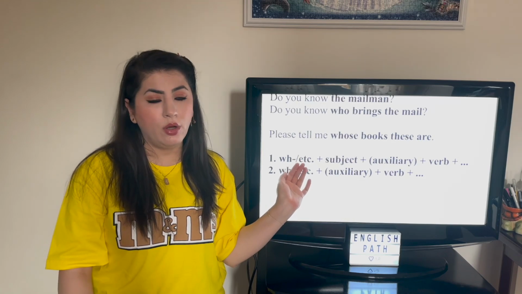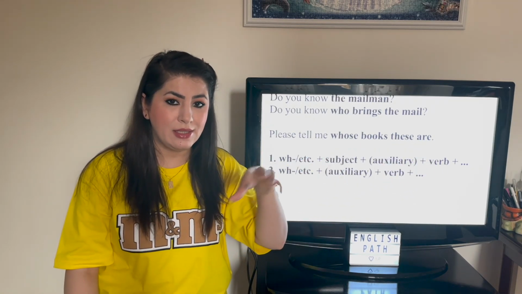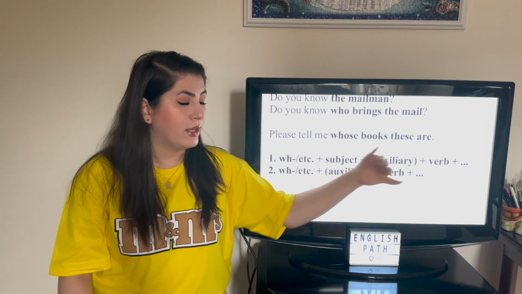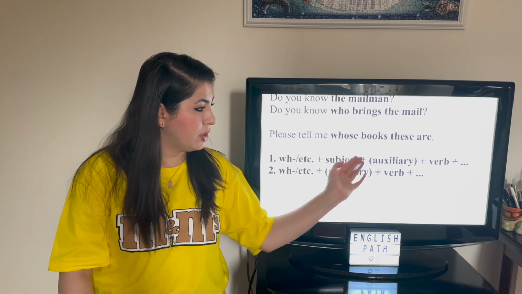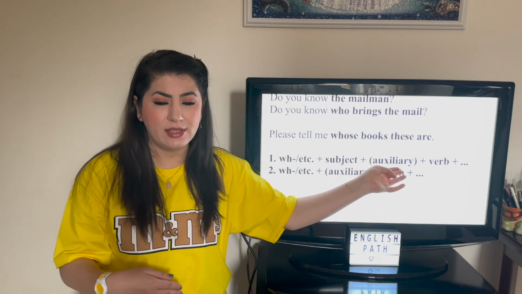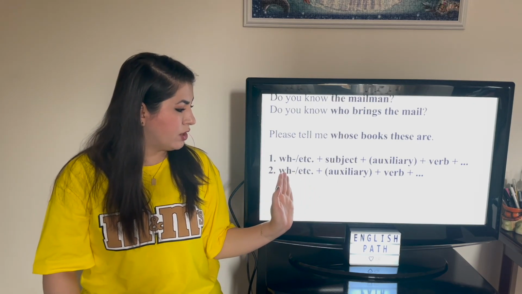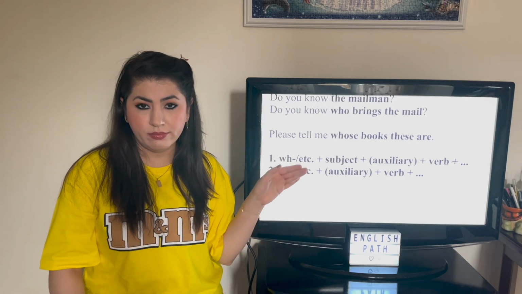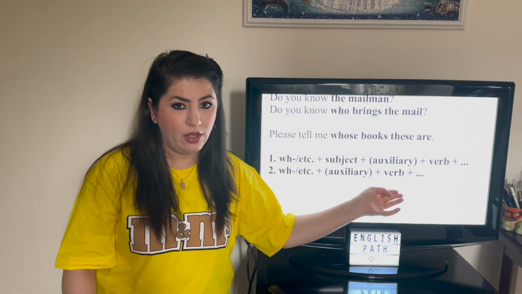Or, I don't know who she is talking to. So is is the auxiliary and talking to is the verb. I don't know where she went. We don't have an auxiliary here, we just have a verb. And the second structure starts with a WH word or some other word plus a possible auxiliary and a verb.